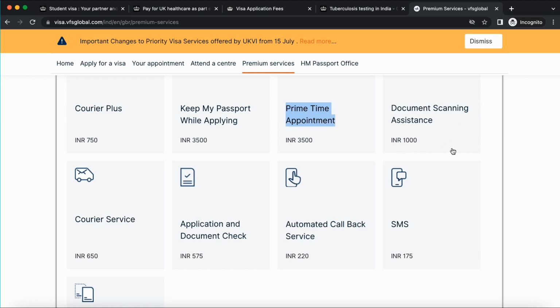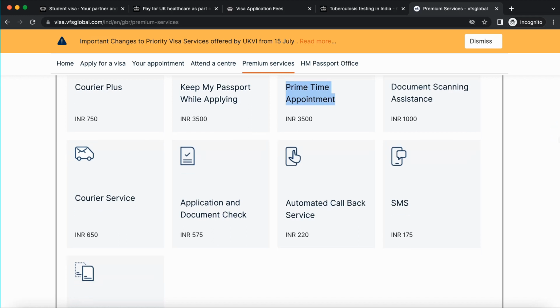I'm not sure why, but my agent recommended that I go for this service. Personally, you can also upload the documents yourself by using your own scanner, and you can save on the 1,000 rupees. But I would recommend you just go with it. Don't take any chances whatsoever. You take this service, and that would be beneficial.